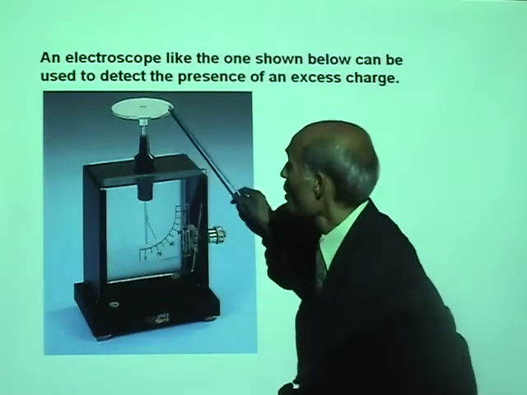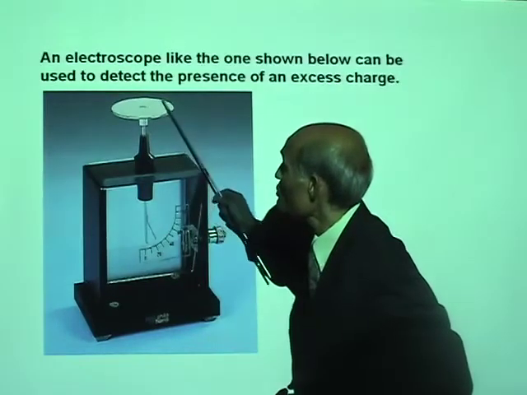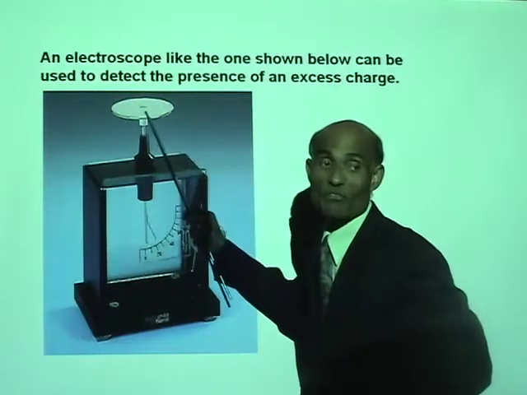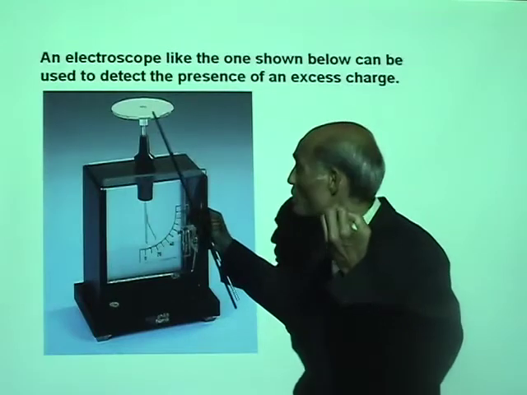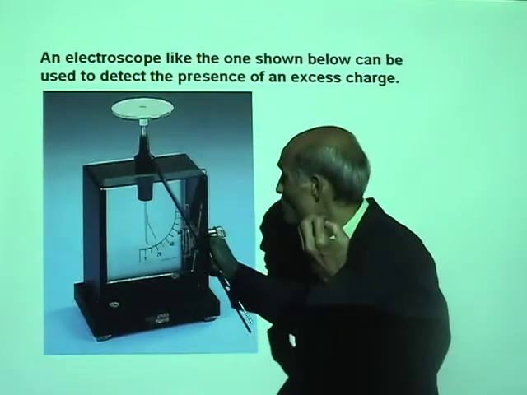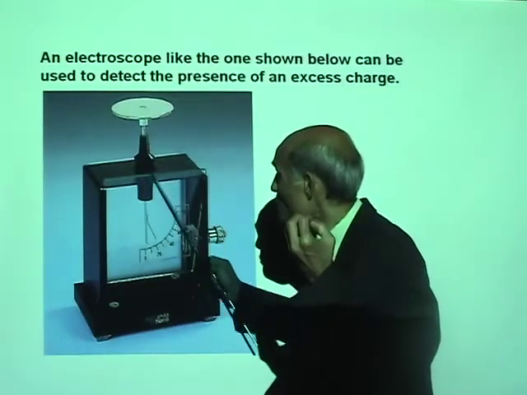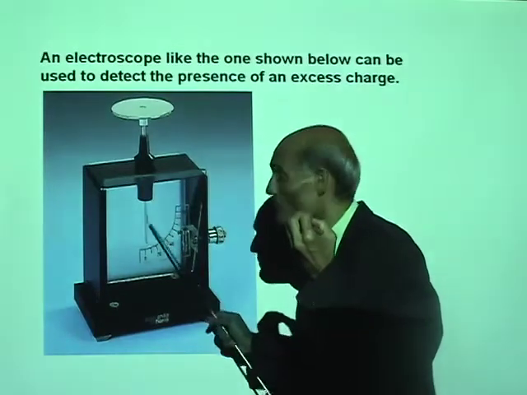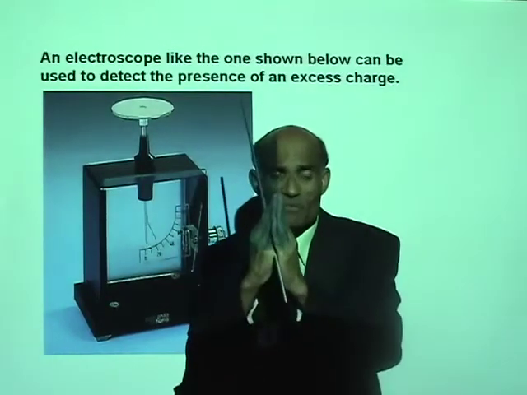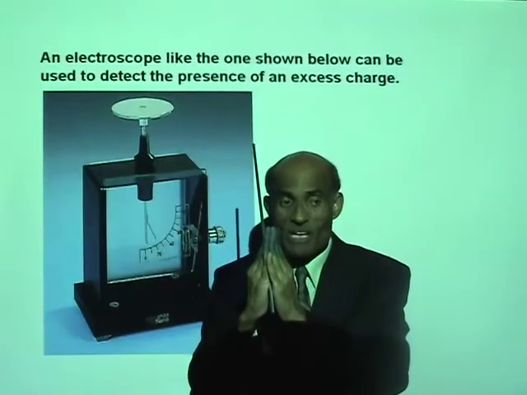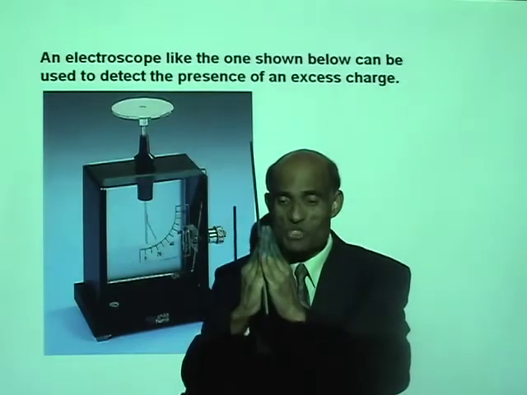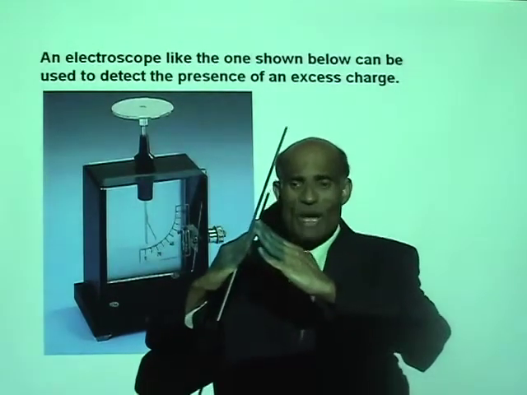When you place some excess charge on the platform, because it is a good conductor, and the stem also is a good conductor, those excess charges will move, and when they come to the leaves, both the leaves will have the same type of charge, so they will move away.